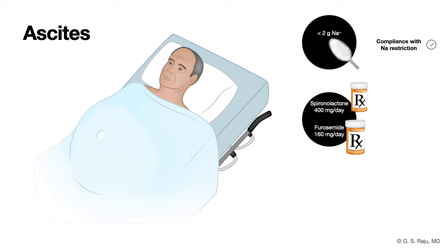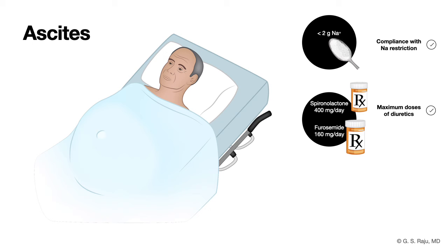Did you maximize the dose to 400 milligrams of spironolactone and 160 milligrams of furosemide? And even with the maximum dose, if the patient still is not mobilizing the ascites, then again there is a problem.